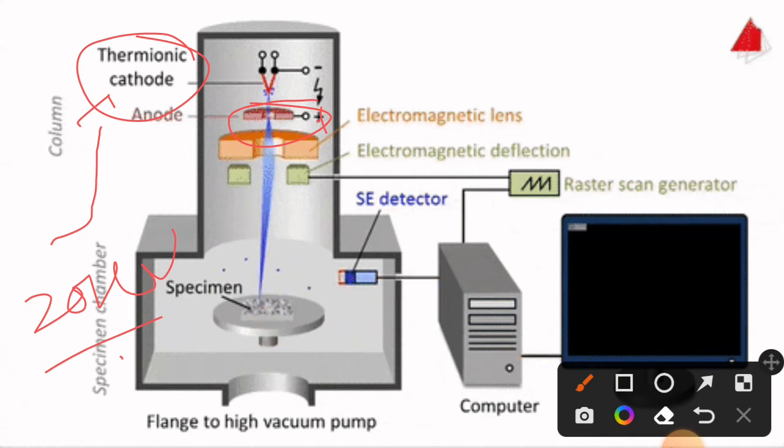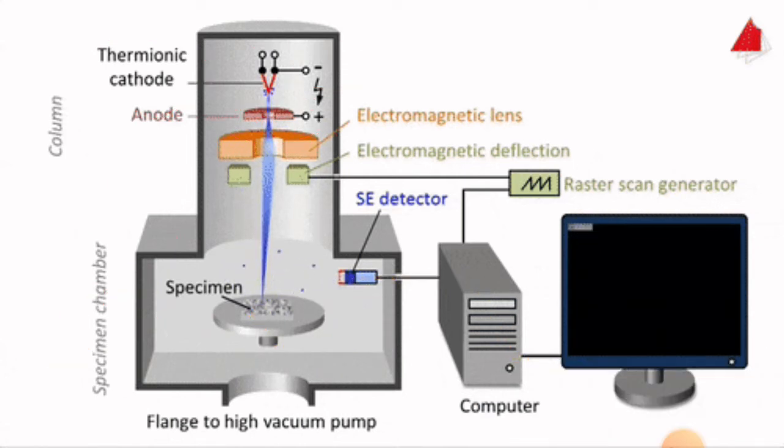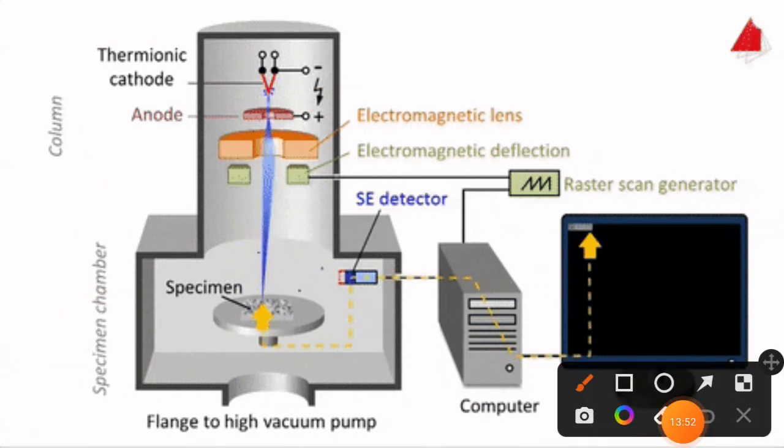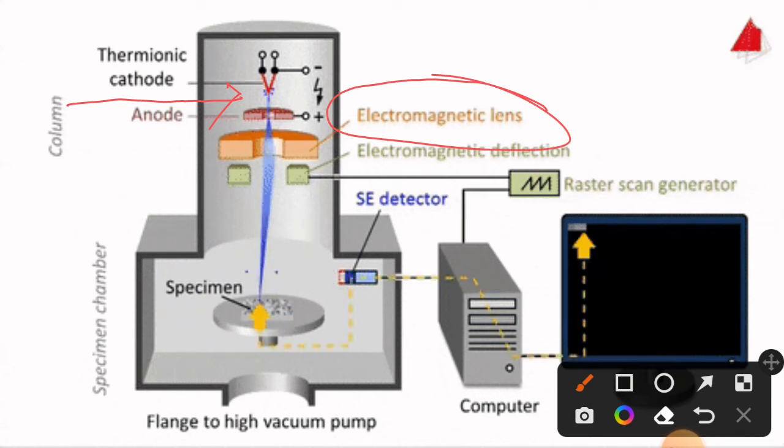The thermionic cathode is attached to a negatively charged electrode. There will be a generation of a strong electrical field between the cathode and anode. This electrical field will accelerate the electrons towards the electromagnetic lens, which is a kind of condenser. This electromagnetic lens will focus the beam of electrons towards the specimen.